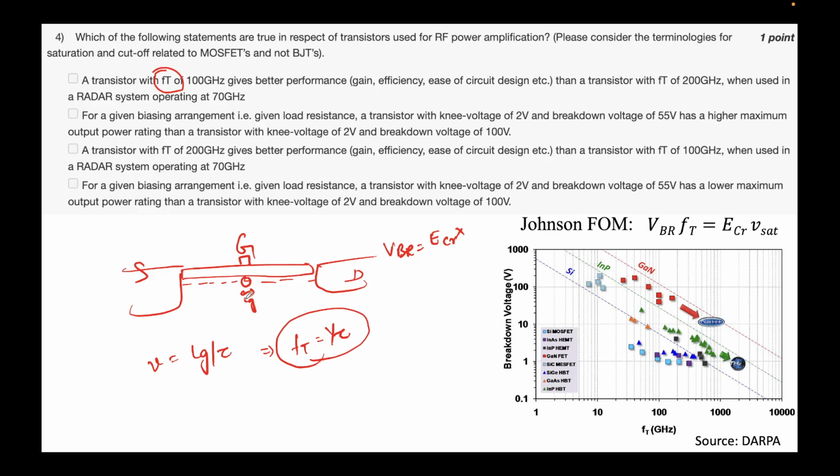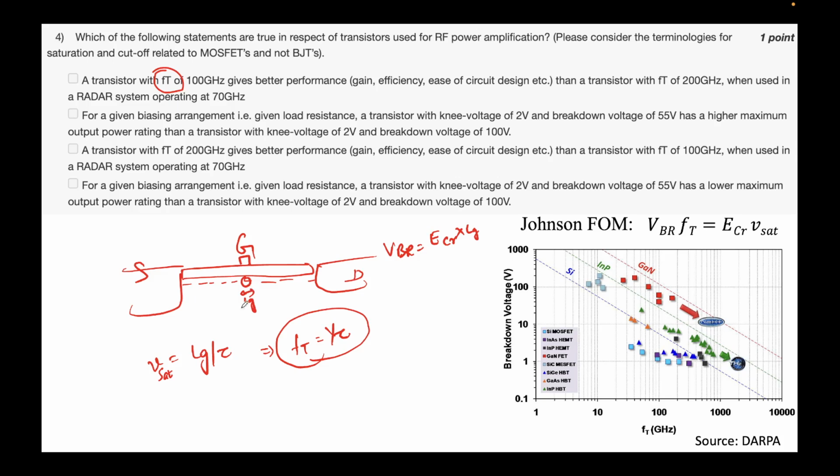And this VBR is essentially the breakdown voltage. So this breakdown can happen over here, let's say. So ECR times LG, and from there you get the saturation velocity essentially. So if you eliminate the LG from this expression, LG is VBR over ECR, and you can quickly obtain this expression. So LG is essentially when depleting, you are depleting only below the gate, not in the source-gate regions and gate-drain regions. Hence the term that we should be concerned about is LG.